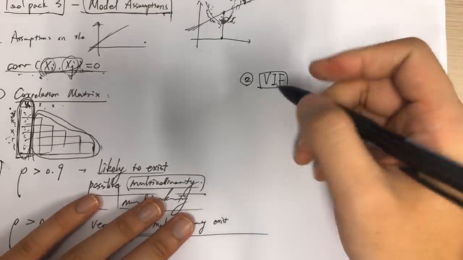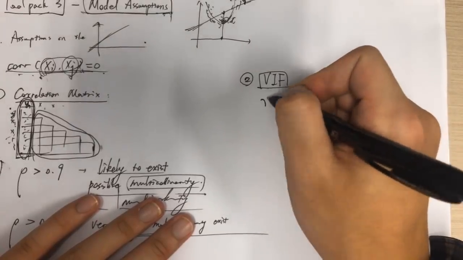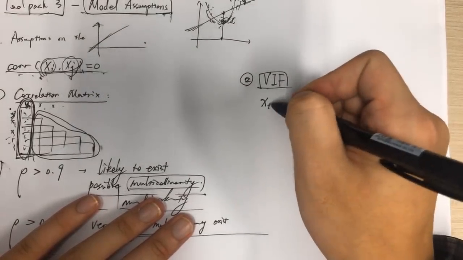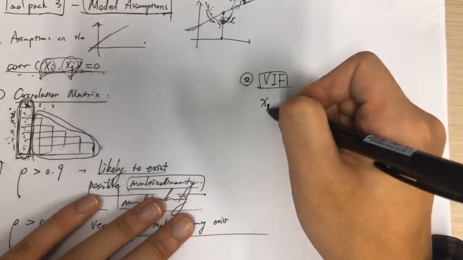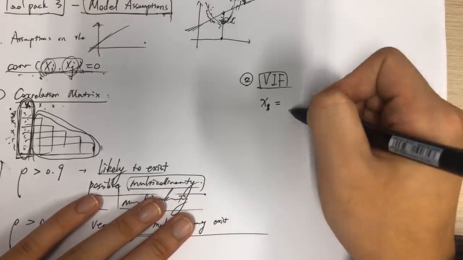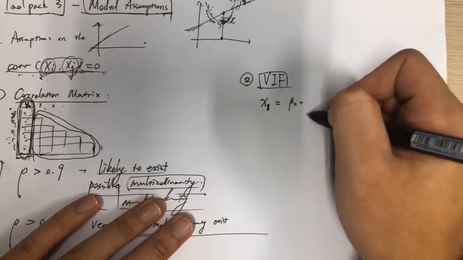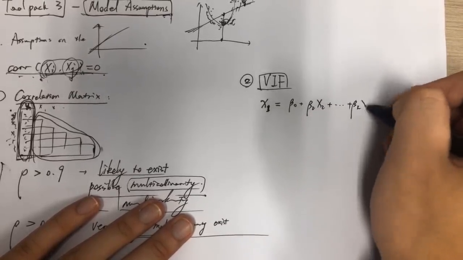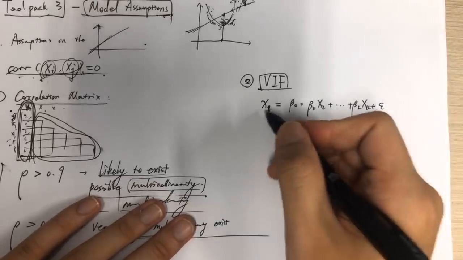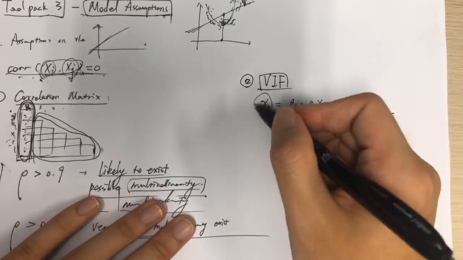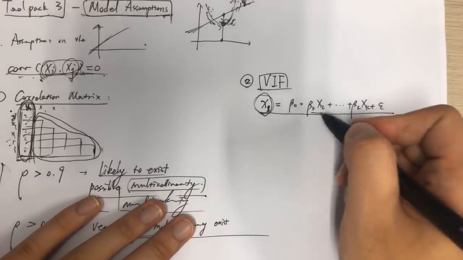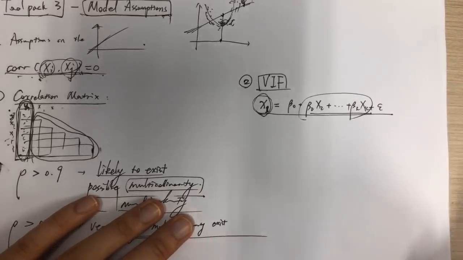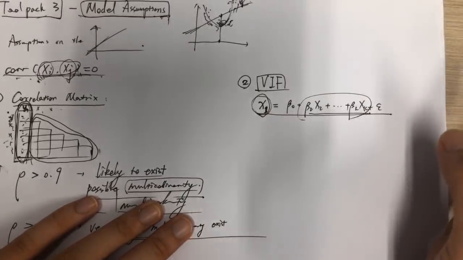So what we do is to regress any particular x, for example, x1 equals beta 0 plus beta 2 x2 plus beta k xk plus epsilon. So we do a regression on any of the x against all other independent variables and see the correlation, okay?